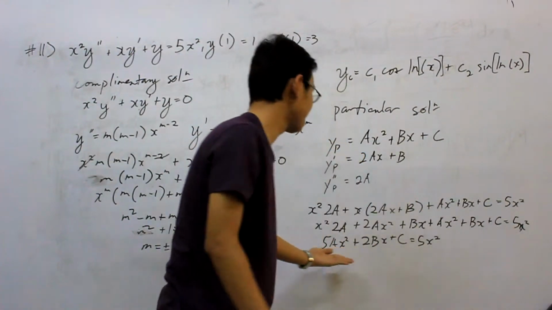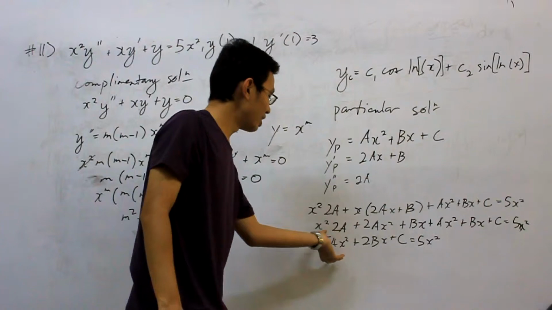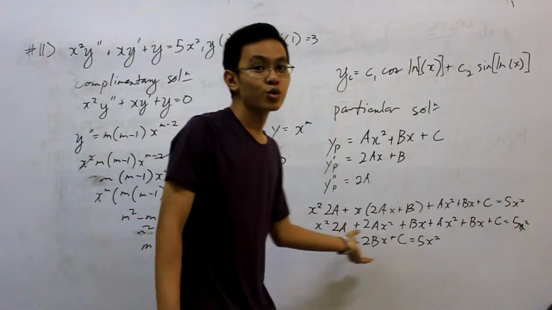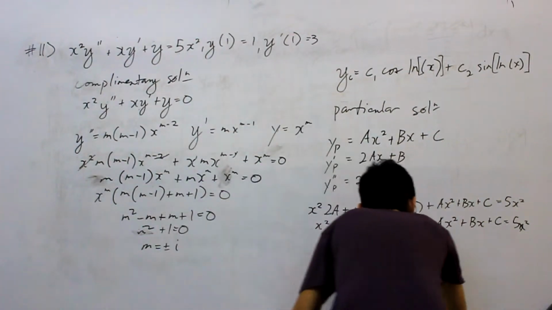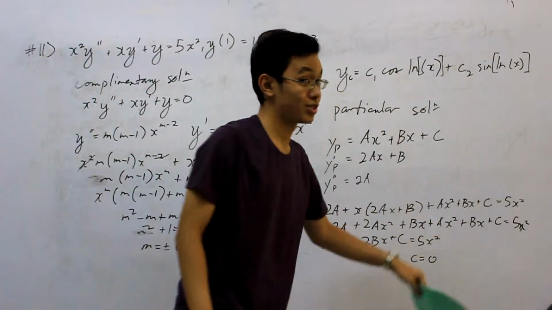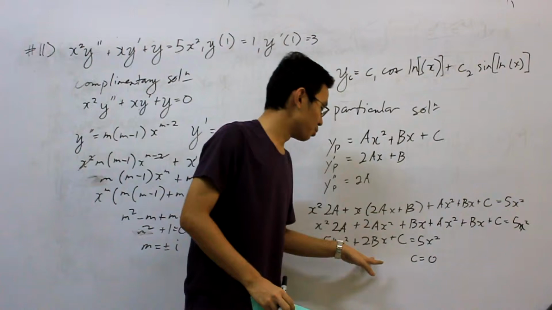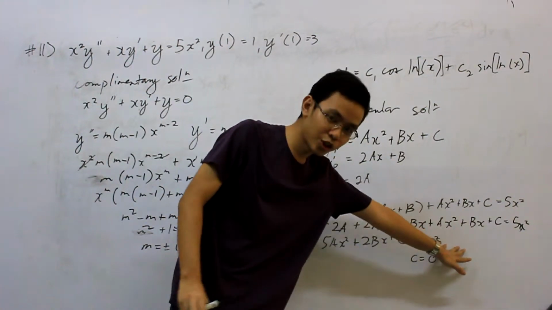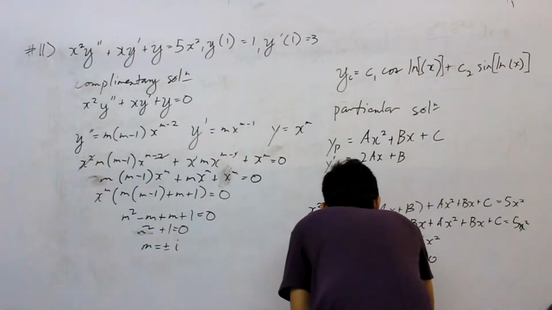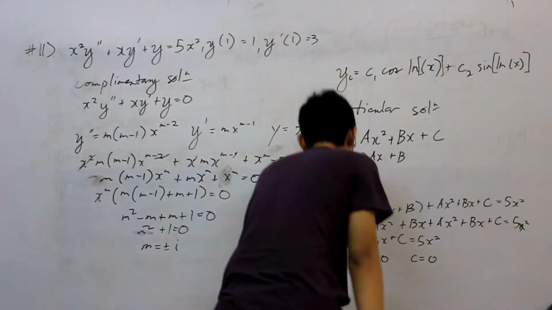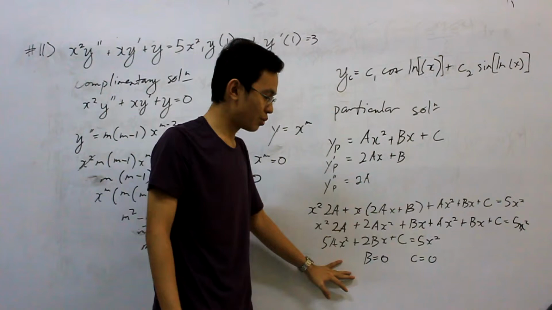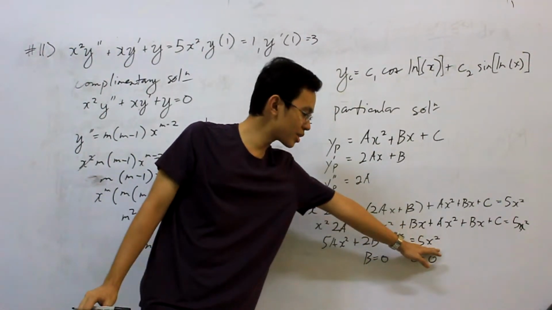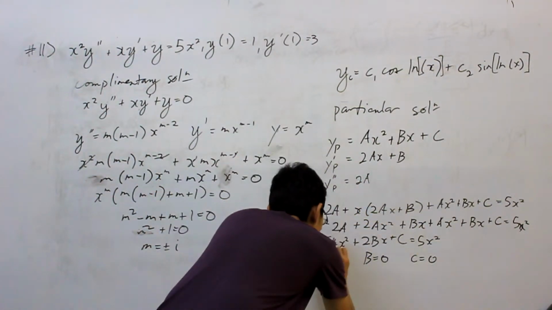From this, we can relate each term to the other side. As you can see, there is no c, so c is equal to 0. And then there's no second term here, so we can also conclude that b is equal to 0. And then 5ax squared, if you equate it to 5x squared, then you can see that a is just equal to 1.